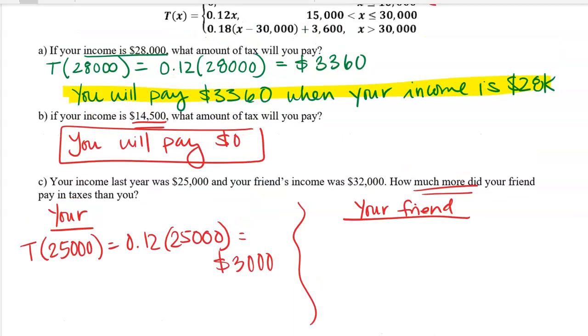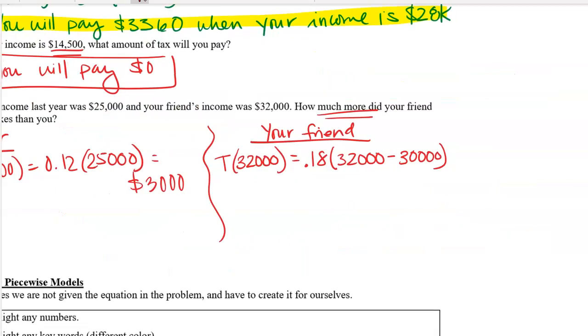So we have tax amount of $32,000 equals, we are going to use third piece, which is 0.18 times 32,000 take away 30,000, and then add 3,600. All right. So Haley, what is 32,000 take away 30,000? 2,000. Okay.